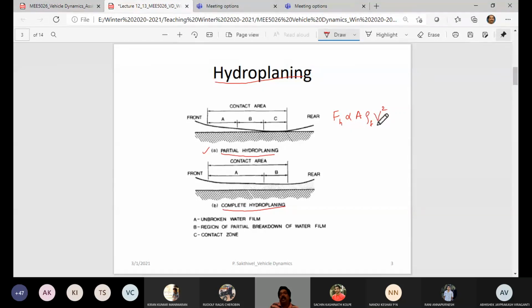So trucks are mostly not going to experience this hydroplaning phenomenon, whereas passenger cars are going to experience it even at a nominal drive speed of some 80-90 kilometers per hour on highways, which we normally maintain.